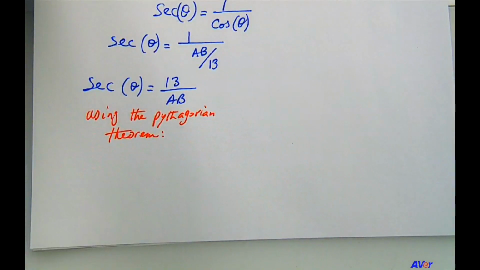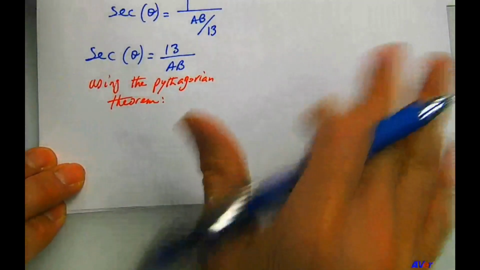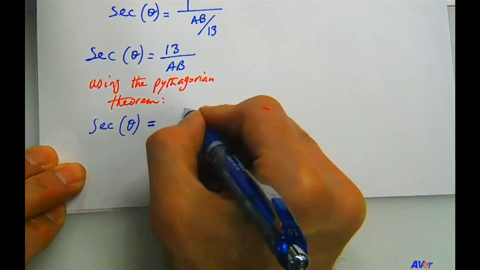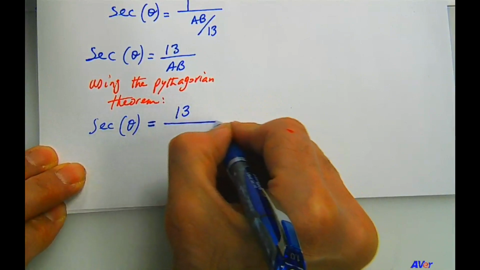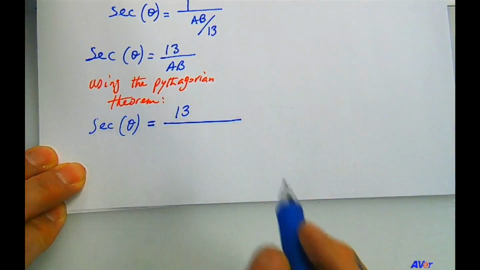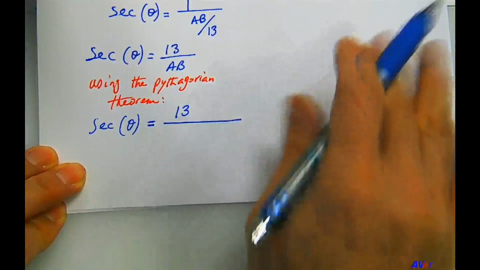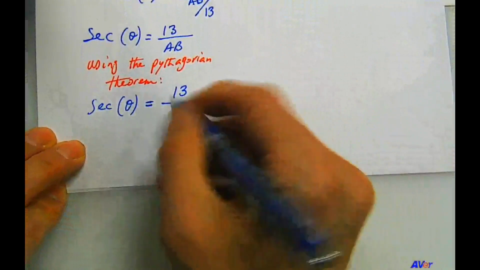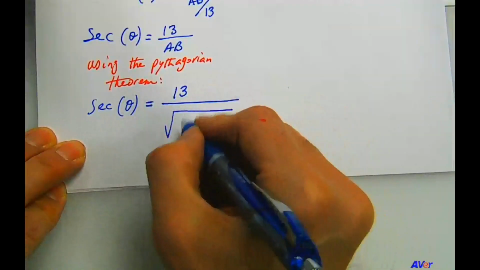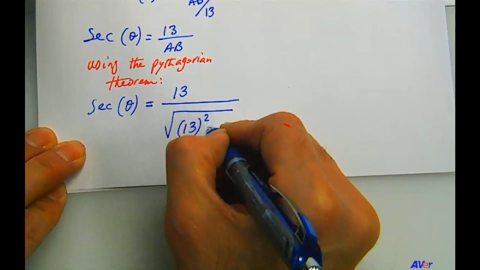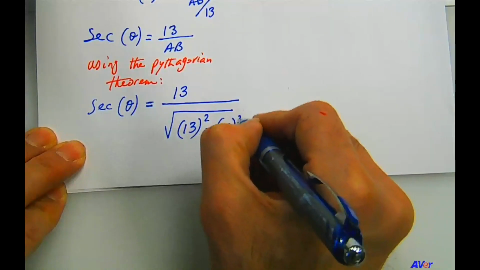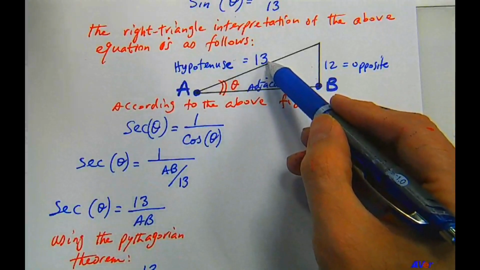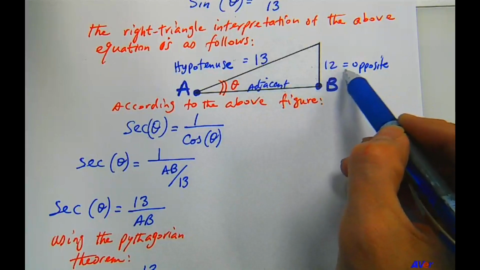we have 13 divided by, now we need to figure out AB using the Pythagorean theorem, so let's do that. That is equal to 13 squared minus 12 squared, right? 13 squared, or the length of the hypotenuse squared, minus the length of the opposite side squared.